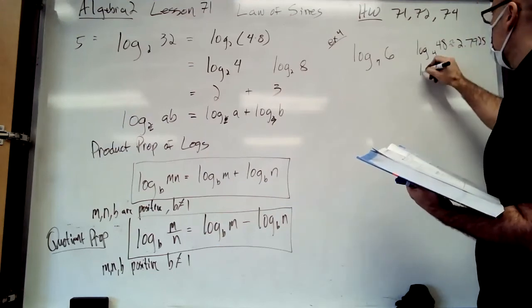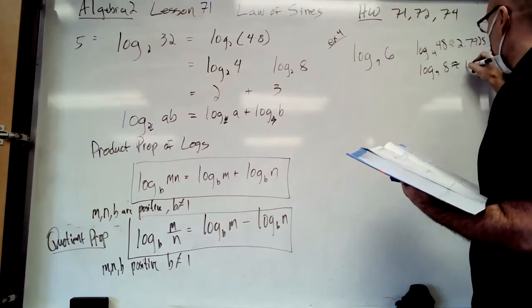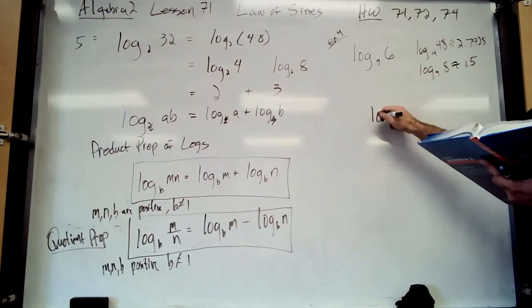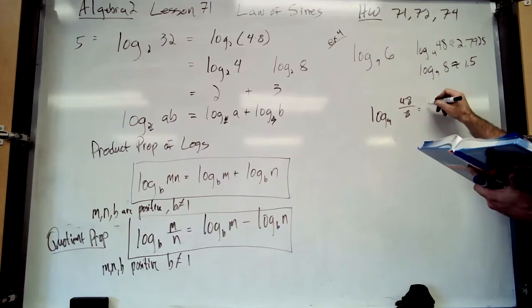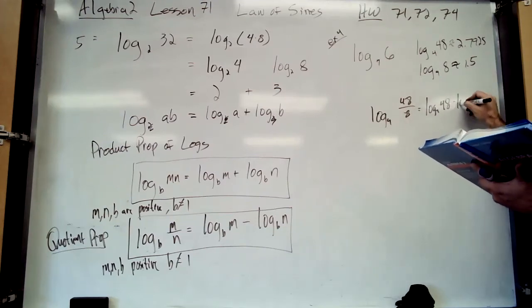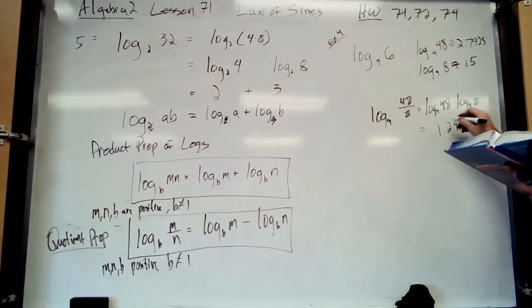And it's also going to say log base 4 of 8 is approximately 1.5. Well, that just made it really easy. Because then you just subtract those and you're done, right? Because this is just log base 4 of 48 divided by 8, which is just these two subtracted. Log base 4 of 48 minus log base 4 of 8, which is just that problem. That's easy. So 1.2925.